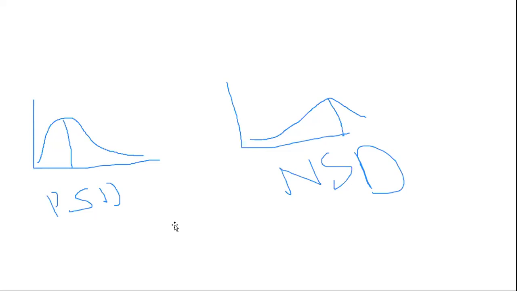If you take into account the graph, when you calculate mathematically, you will get the values where the mean is greater than median, and median is greater than mode.